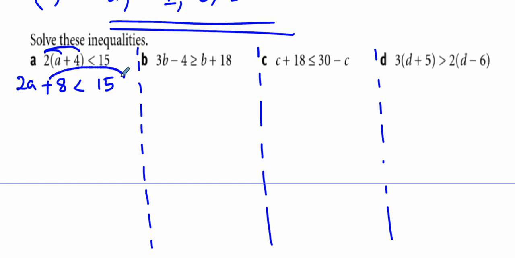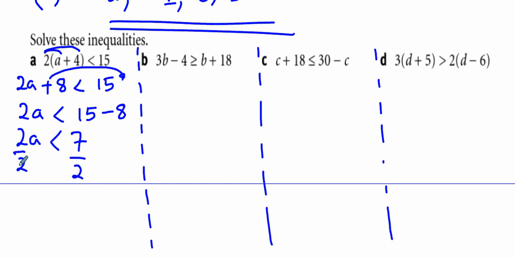This positive 8 will be shifted to the right-hand side. 2a is less than 15 minus 8, which is 7. Now, to find the value of a, we need to divide by 2. A is less than 3.5.